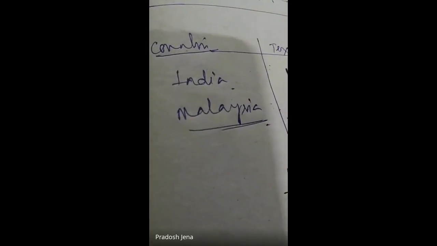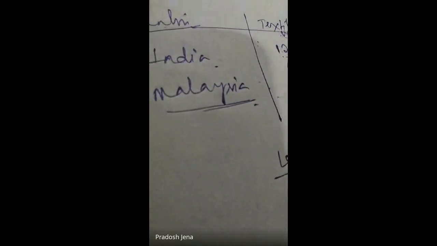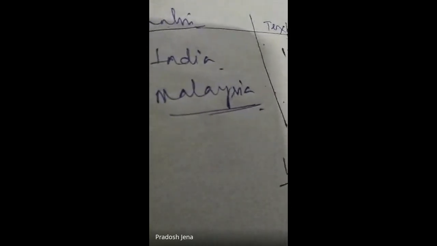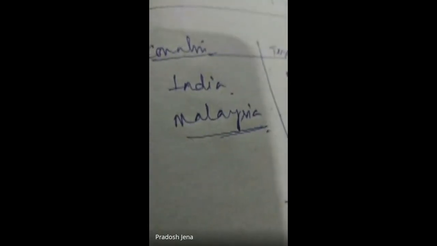So the root cause of emergence of international trade is not absolute cost advantage. Rather, it is the comparative cost advantage, or least comparative disadvantage. It can also be the basis of international trade.